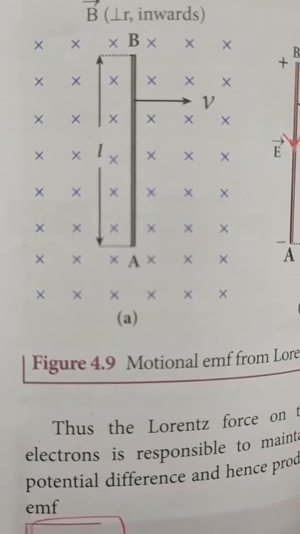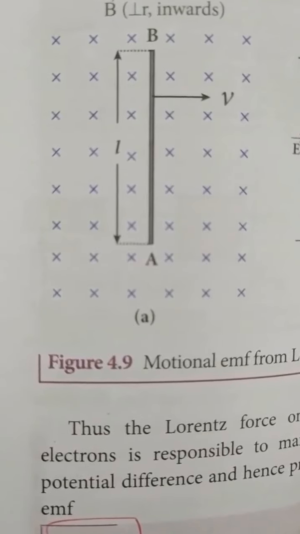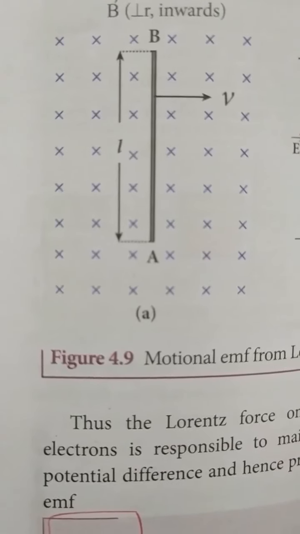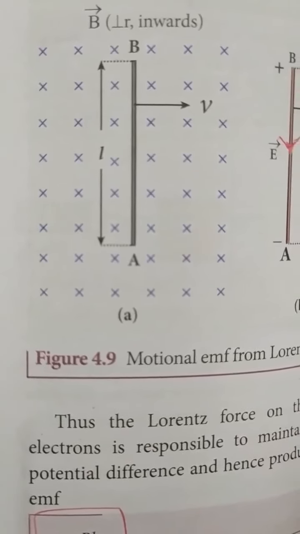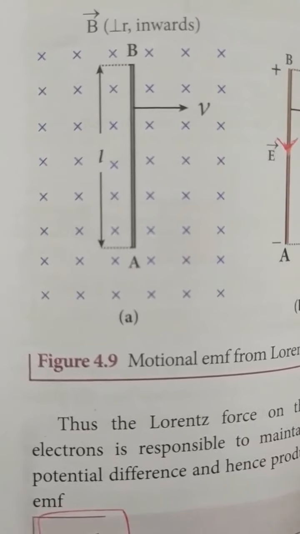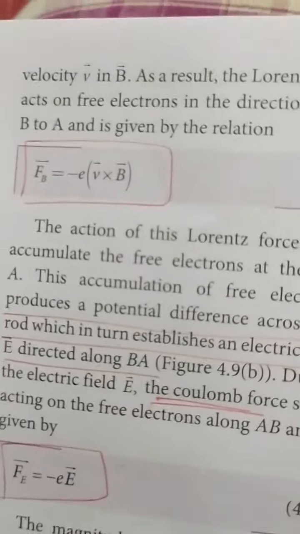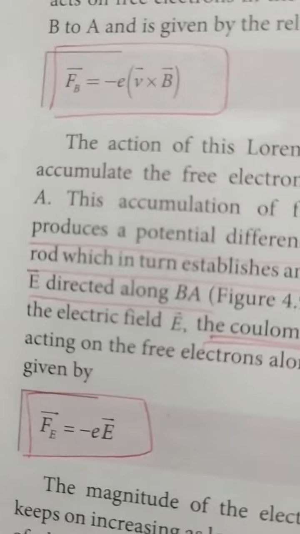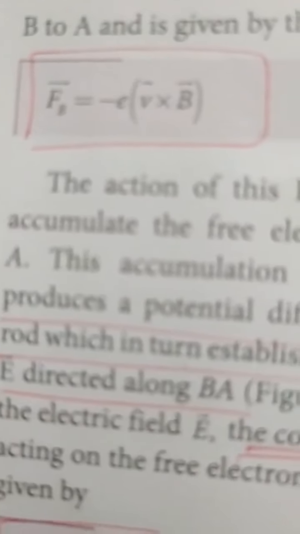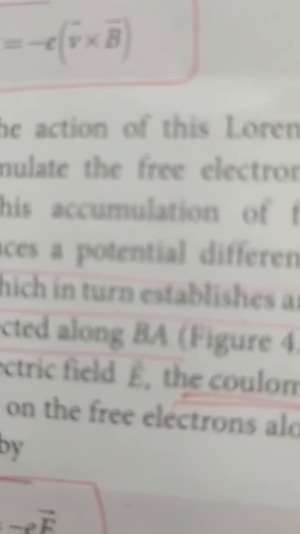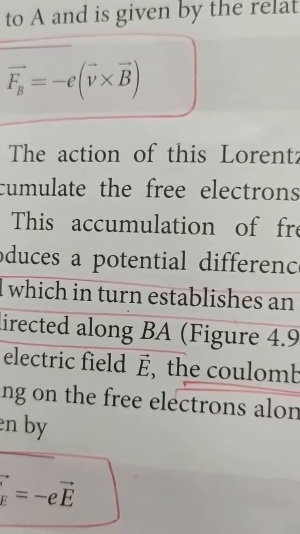AB is a conductor of length L, and if it moves with a velocity v, a force is produced, called the Lorentz force. The Lorentz force equation is F_B vector equals minus e into v vector cross B vector.